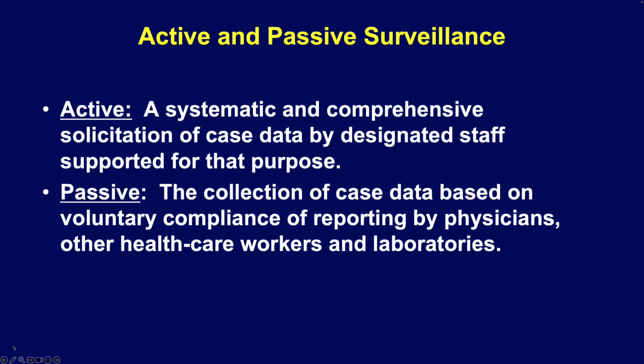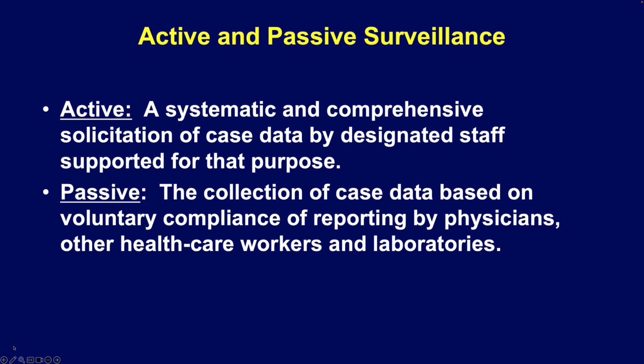More formally, passive surveillance means that the collection of case data is based on voluntary compliance of reporting requirements by healthcare providers, physicians, and other healthcare workers and laboratories. There may be a law or regulation that requires they report cases, and those required to report may even be aware of that requirement. And there are usually forms or electronic systems that they can use to report cases to the health department.